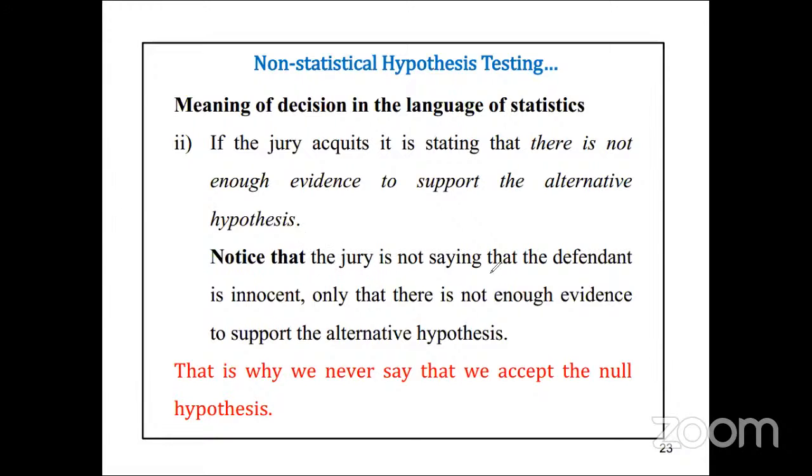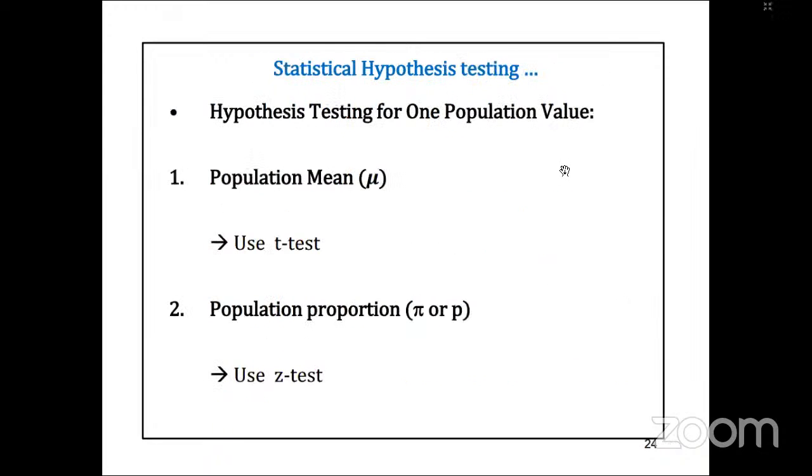The jury is not saying that the defendant is innocent, but that there is not enough evidence to support the alternative hypothesis. It means the evidence is not indicating the alternative hypothesis. That is why, in real life, we come across this example of testing of hypothesis.